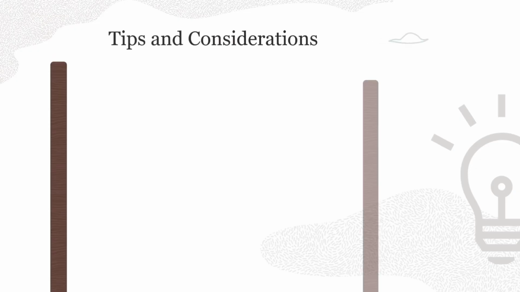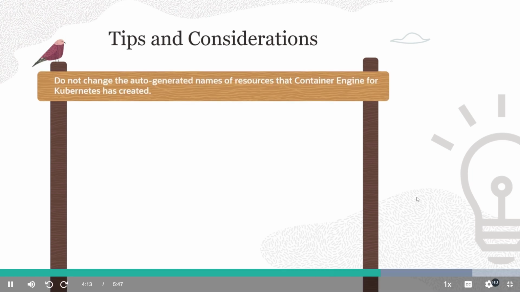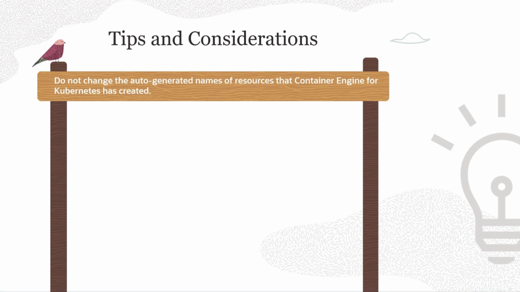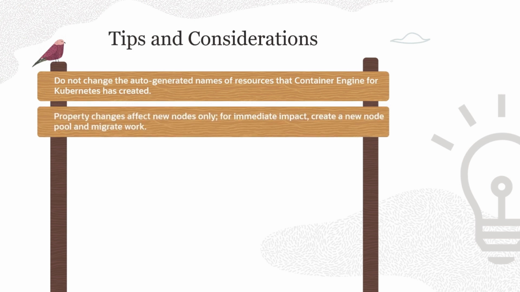As we navigate the intricacies of modifying node pool and worker node properties, keep these tips in mind. You should preserve system integrity by refraining from altering auto-generated names provided by Container Engine for Kubernetes. It's crucial to note that any modification in properties will impact new nodes exclusively.